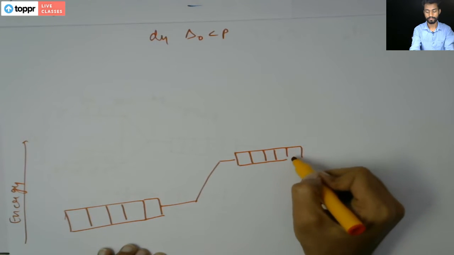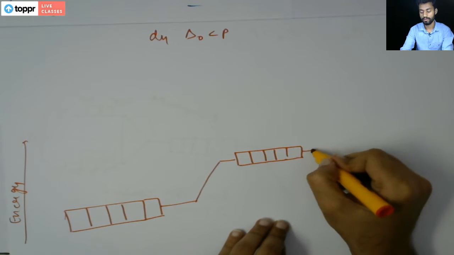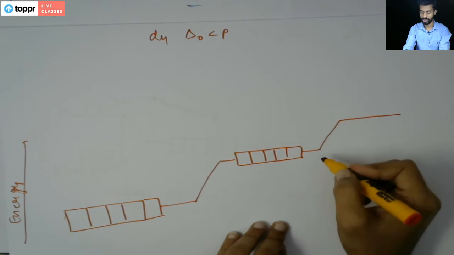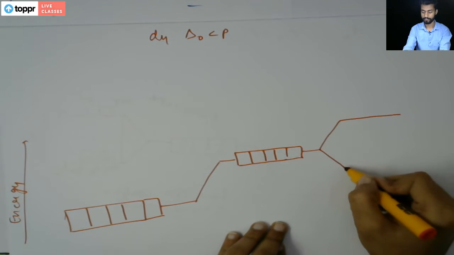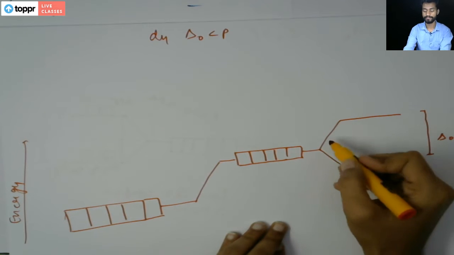Now there will be the splitting of energy. This is delta O, the octahedral splitting energy.